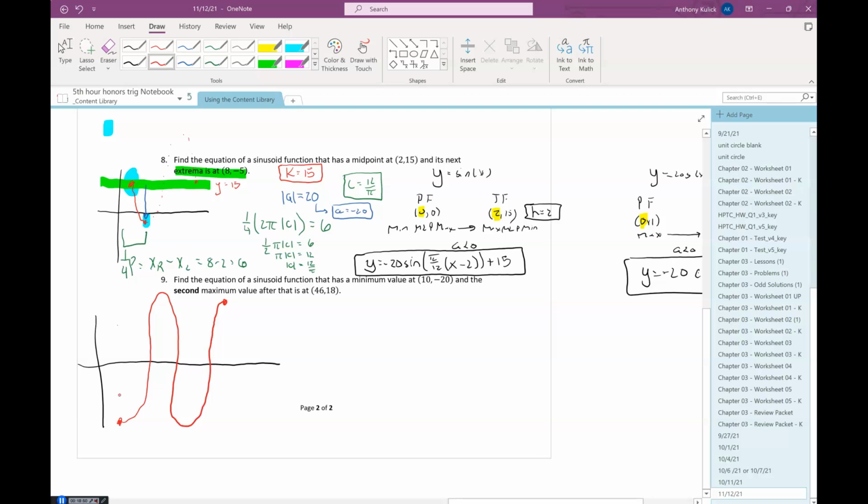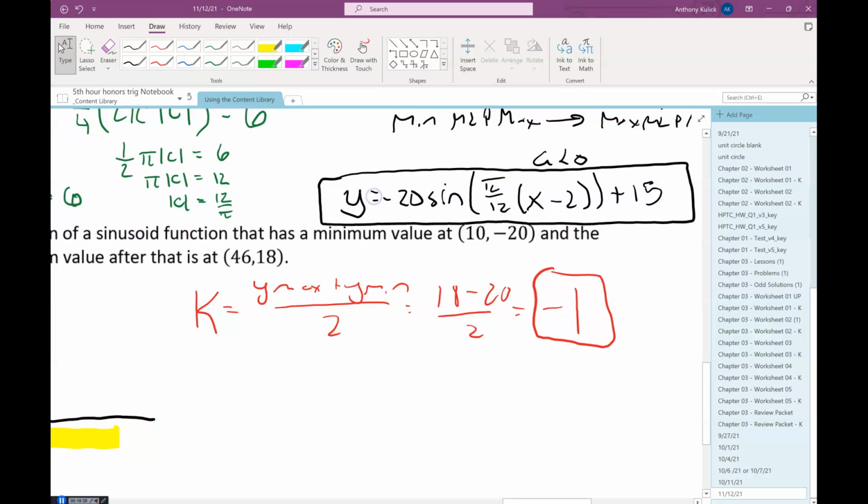Okay. The first thing I'm going to do is look for the k value. The k value is related to the midline, which is going to be halfway in between these two things. So that's going to be the average of the y coordinates. In this case, that's negative 1. Y max plus y min is what I wrote there.